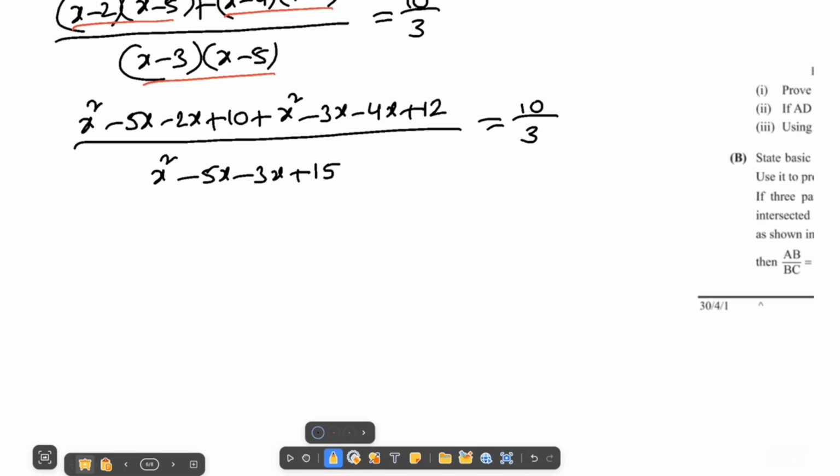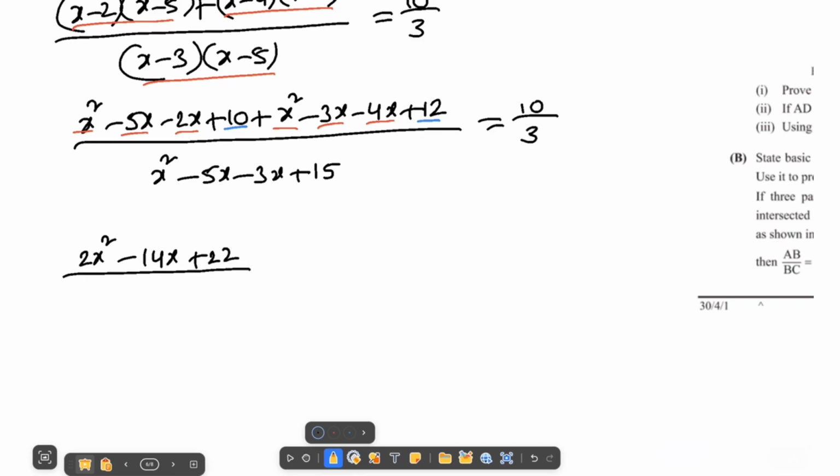Now add the like terms in the numerator. Here x square plus x square is 2x square. Next minus 5x minus 2x is minus 7x, minus 7x minus 3x is minus 10x, and minus 4x is minus 14x. Next, what do we have for like terms? Plus 10 plus 12, it is plus 22.